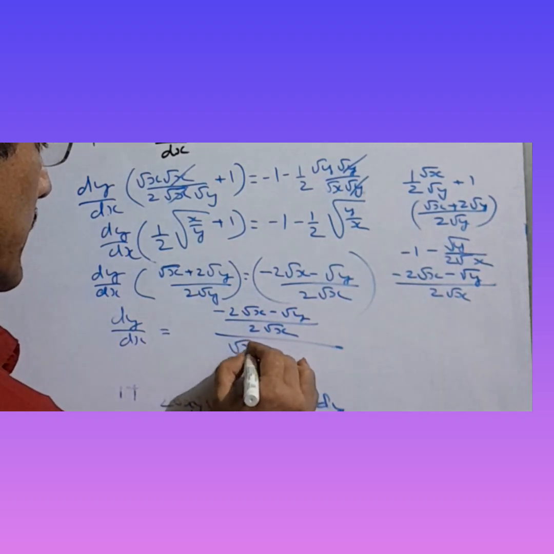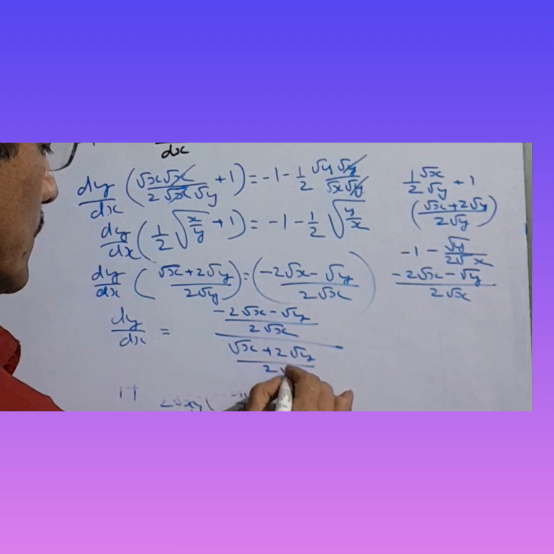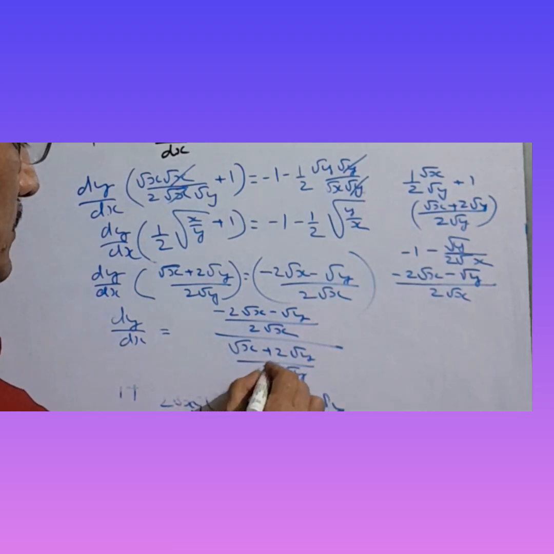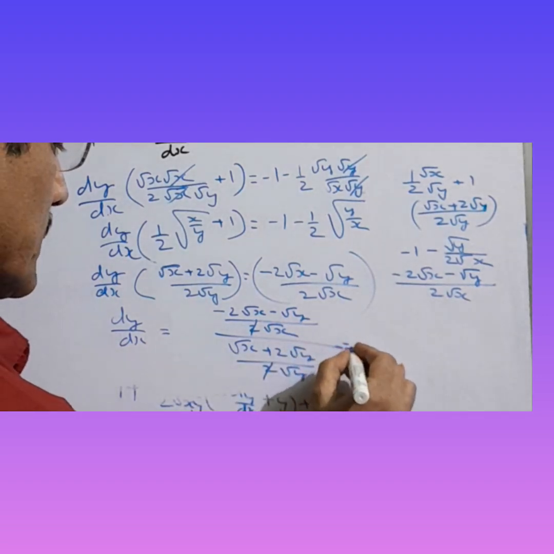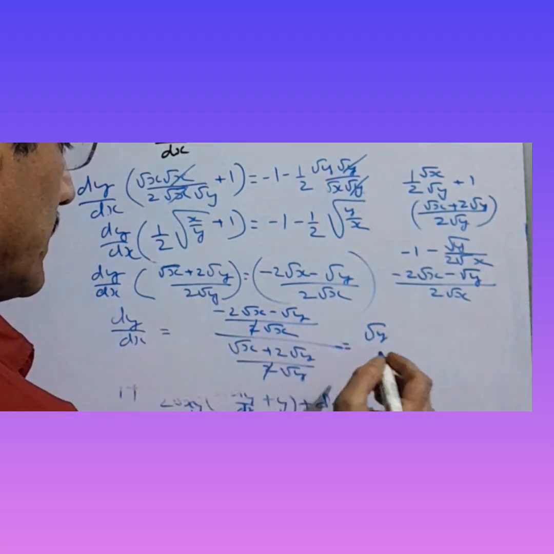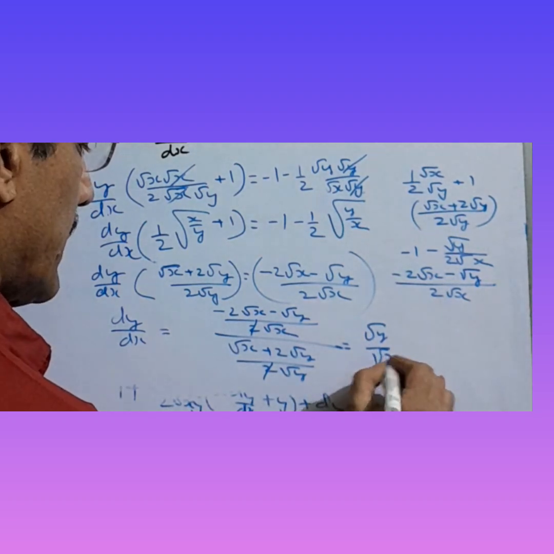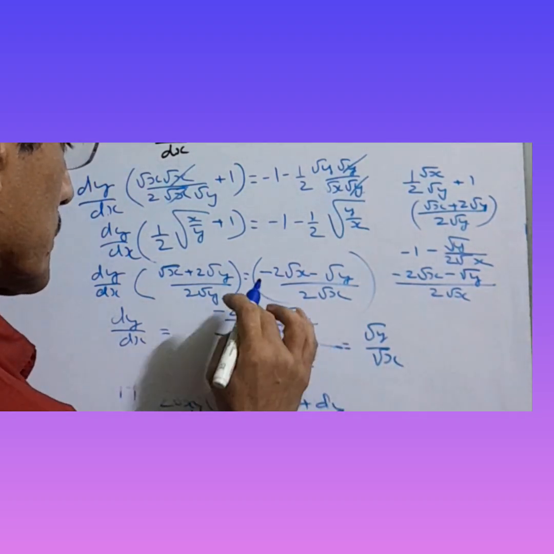So it is root x plus 2 root y upon 2 root y. So this gets cancelled, y goes up, x comes down, so this becomes root y goes up, right, upon root x, and this comes down with this, and this goes up with this.